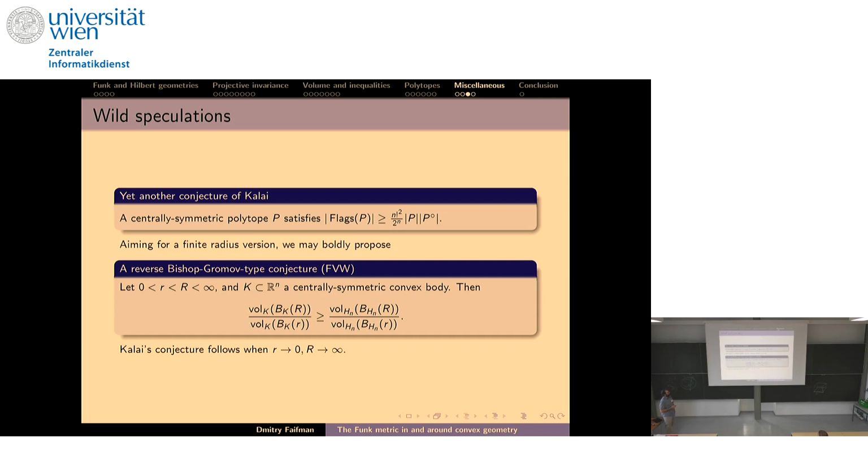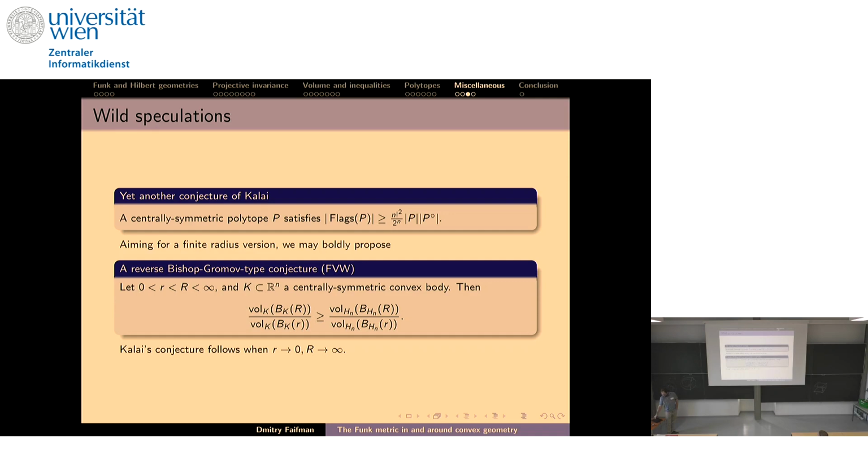So this would be a consequence of this reverse Bishop-Gromov type conjecture, that the ratio of the volumes of two balls of different radius is minimized by Hanner polytopes. Of course, we have no idea how to prove such a thing, but that would be a consequence of it. So if in the limit when one radius is small and the other is big, you recover this one.